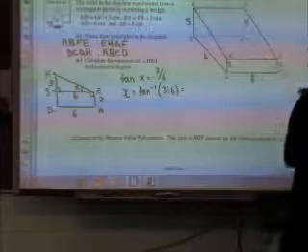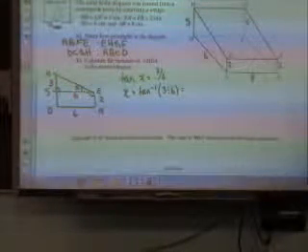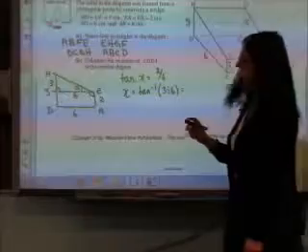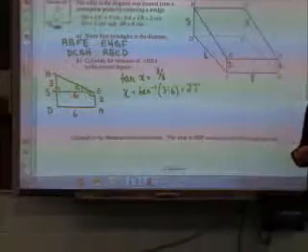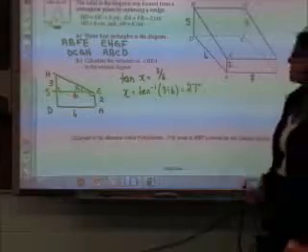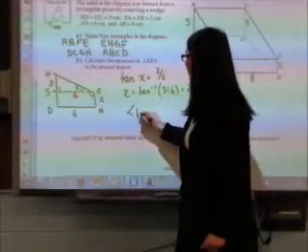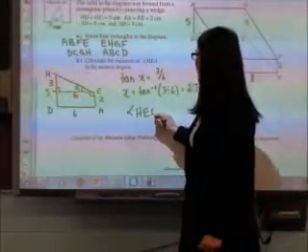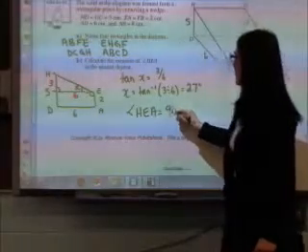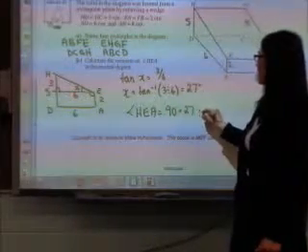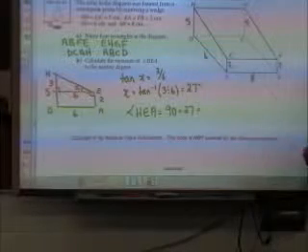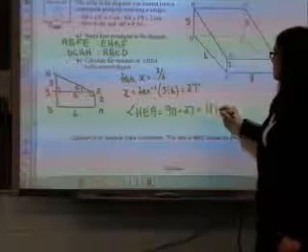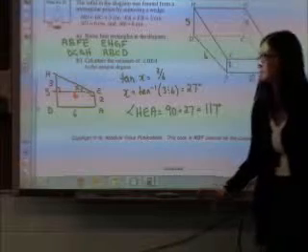And what's the tan inverse of 3 divided by 6? 27 degrees. So then angle HEA would be the 90 and the 27. How many degrees? Good.